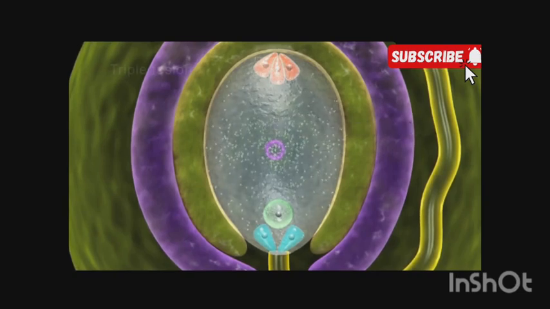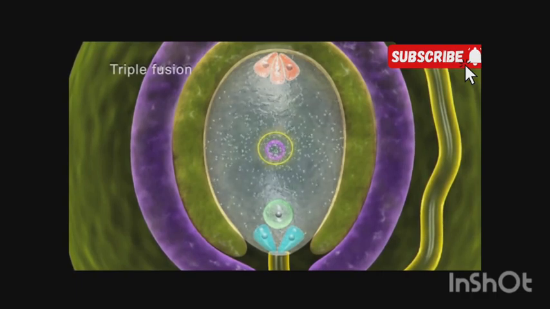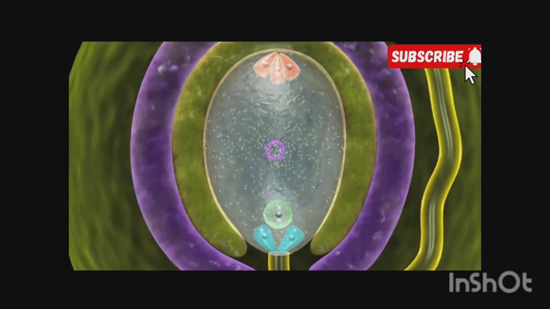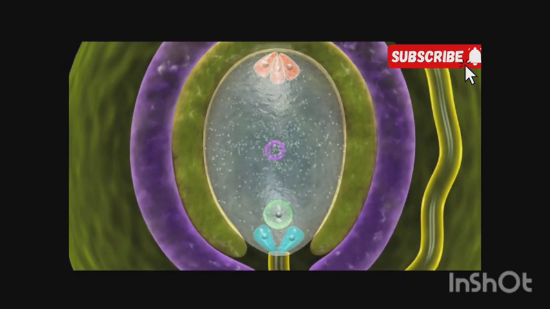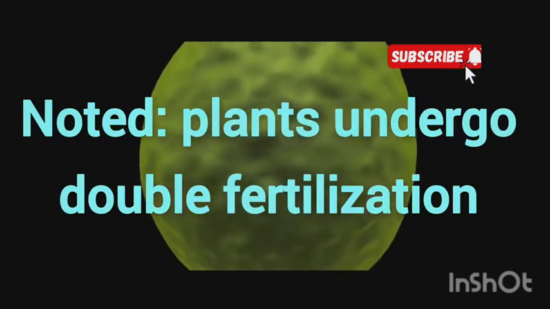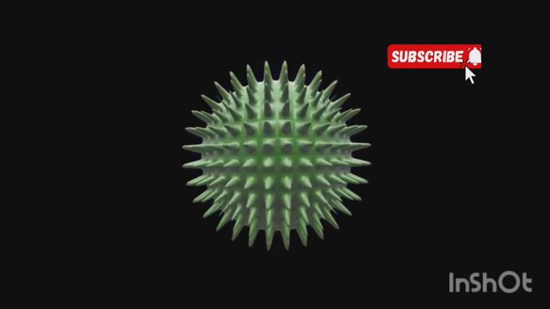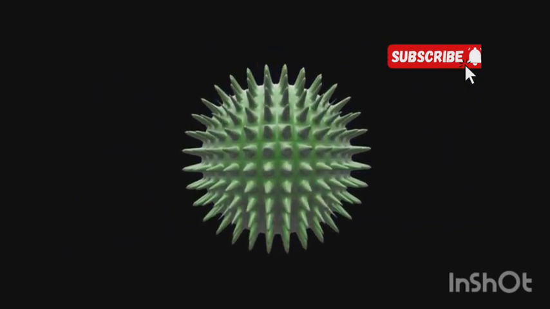This process is called triple fusion, as three nuclei are involved: one male gamete and two polar nuclei. Thus, two fusions take place inside the embryo sac, and the whole process is called double fertilization. After fertilization, the ovary develops into a fruit, and the ovules develop into seeds.